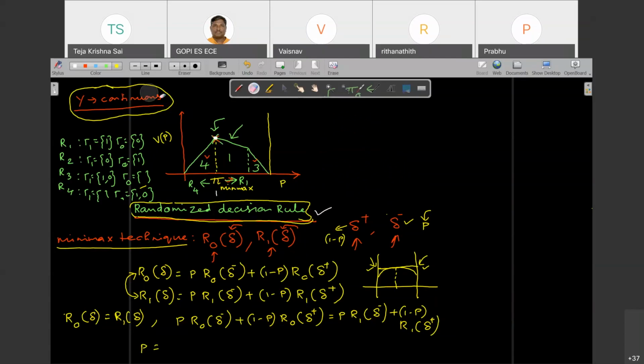Before that, we know this cost function, where pi naught is the prior probability. This is P naught of gamma 1, and 1 minus pi naught into P1 of gamma naught.